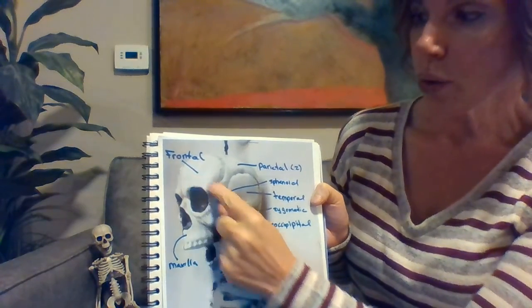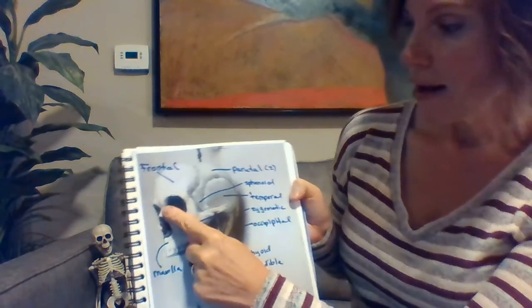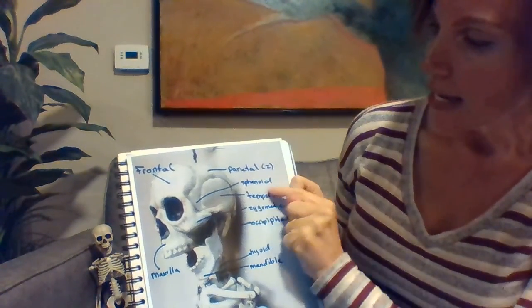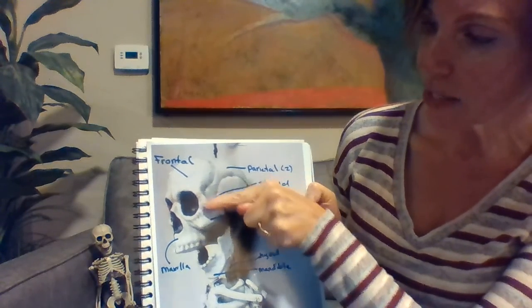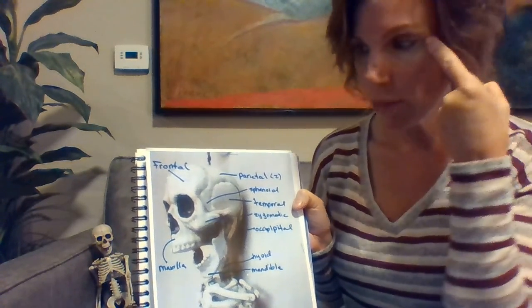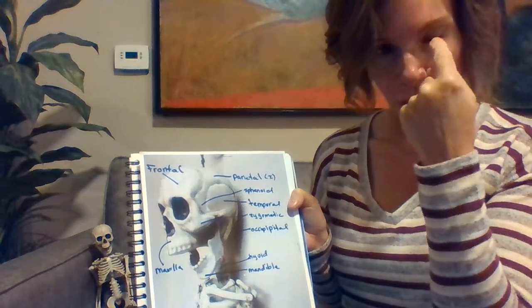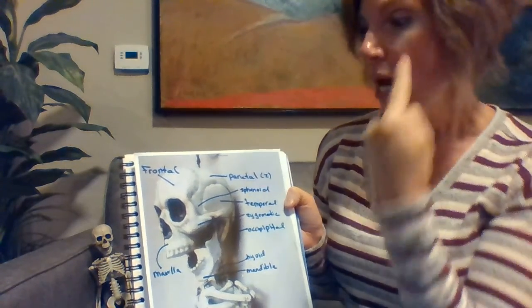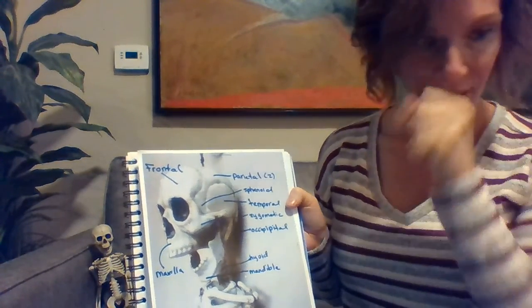Inside your orbital socket, you actually have your sphenoid that kind of goes right out here, and that's going to be your outer portion of your orbital socket. And then right in the center is the ethmoid.